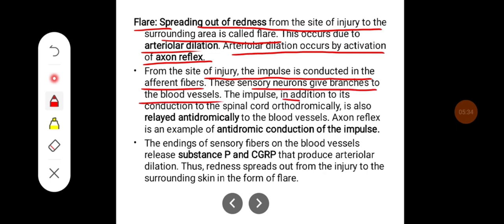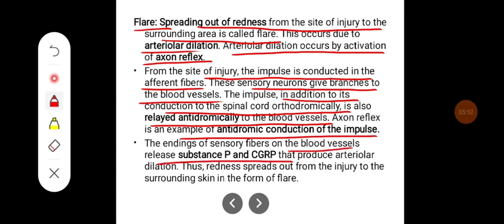The impulse, in addition to its conduction to the spinal cord orthodromically, is also relayed antidromically to the blood vessels. Axon reflex is an example of antidromic conduction of the impulse. The endings of sensory fibers on blood vessels release substance P and CGRP, which produce arteriolar dilatation, and thus redness spreads out from the injury to the surrounding skin area to form flare.